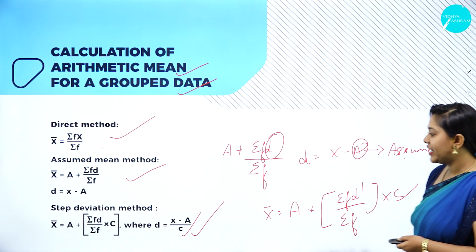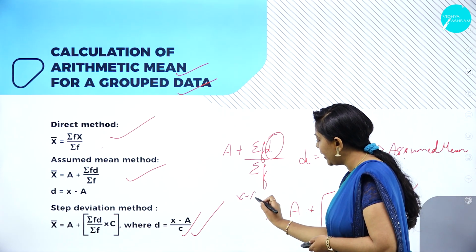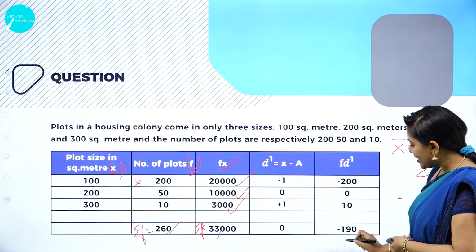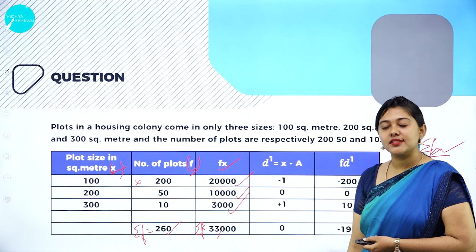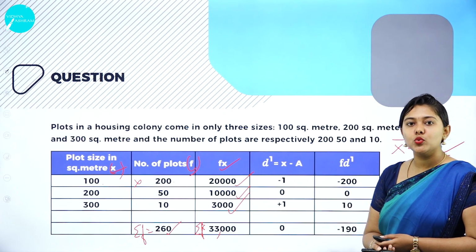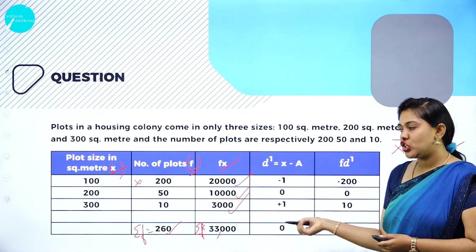How to find D dash? D dash is X minus A divided by C, that is your common factor. So with this example, let us discuss how to calculate the arithmetic mean using the step deviation method.